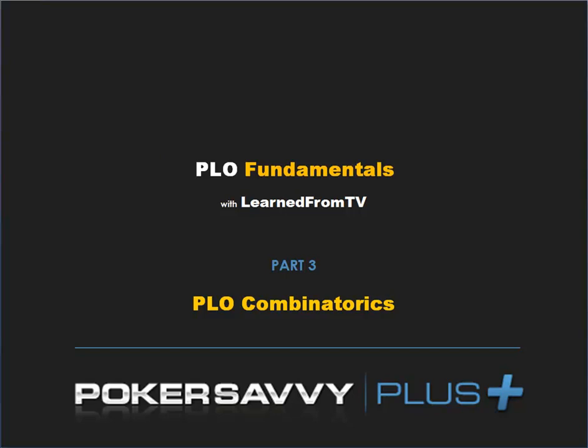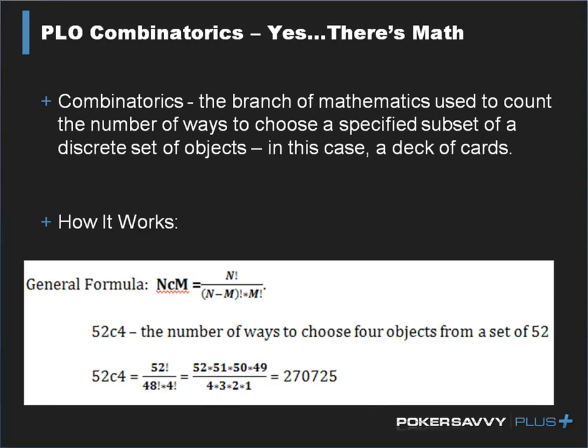All right. Let's get to the basic introduction to what combinatorics is. As it says here on this first slide, combinatorics is the branch of mathematics used to count the number of ways to choose a specified subset of a discrete set of objects, in this case a deck of cards. Discrete is just as compared with continuous.